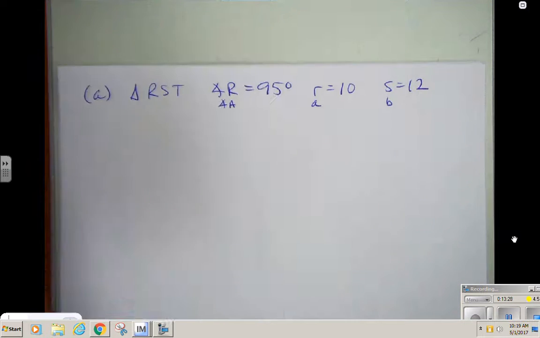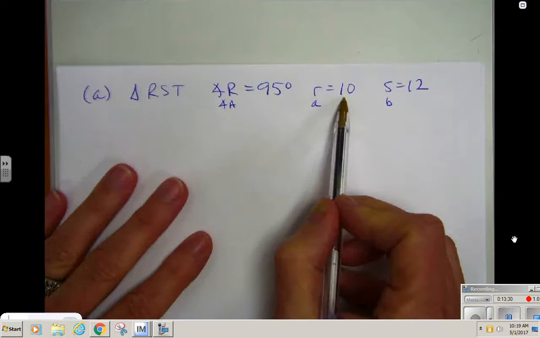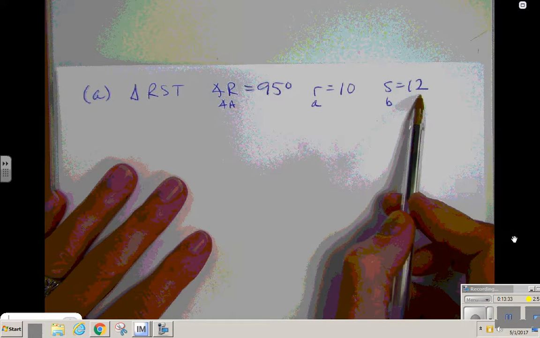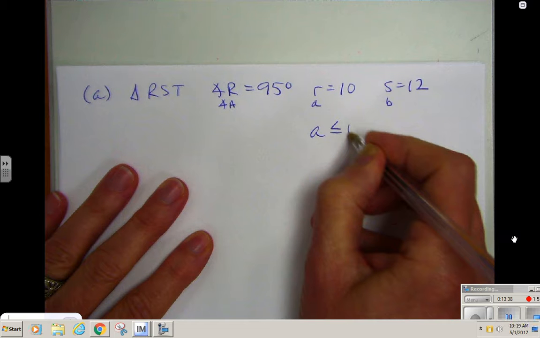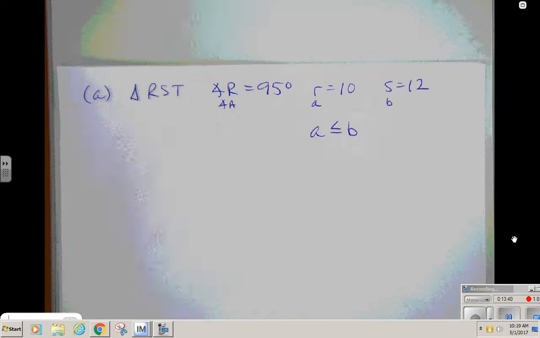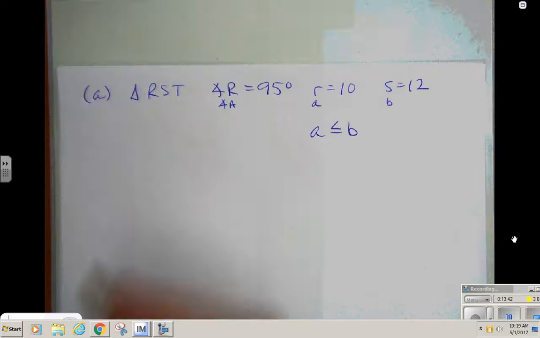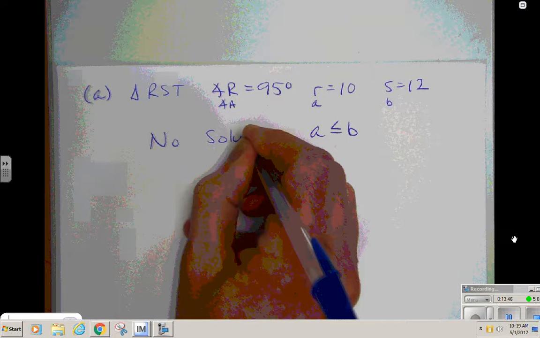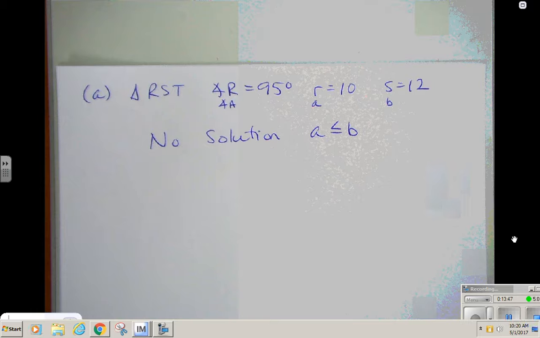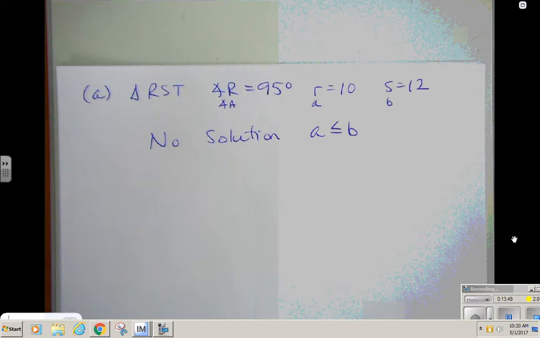So let's look at the side lengths. A is 10. B is 12. So A is less than or equal to B. So that means from your key concept that there's no solution. And since there's no triangle, then you can't solve for anything else, so that's going to be your answer.